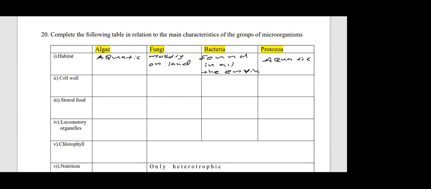The next one, cell wall. For algae, cell wall is present, and I'll put a right tick here.